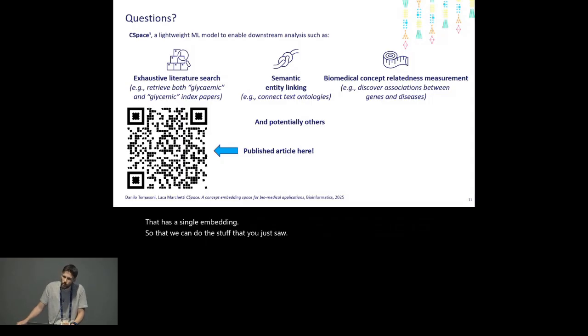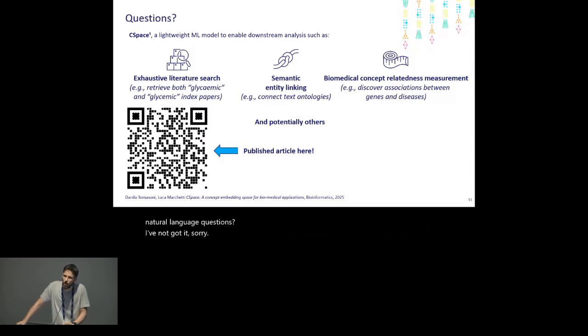And one thing, with a single embedding it is most probably difficult, but have you tried also connecting it for literature search, answering natural language questions? I've not got it, sorry.